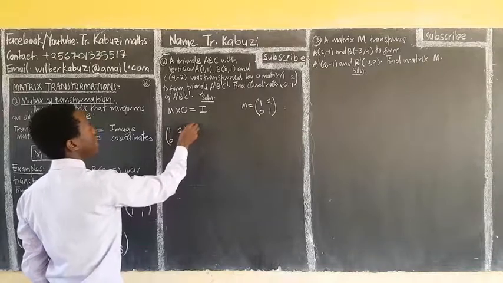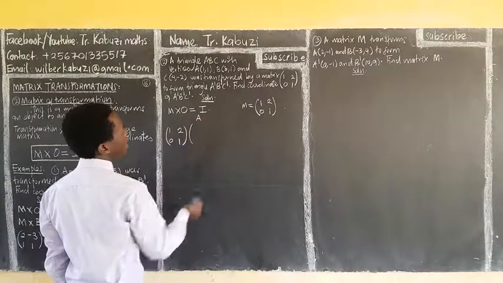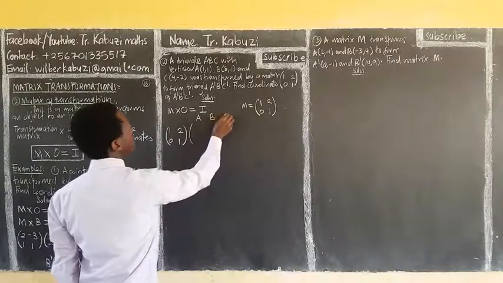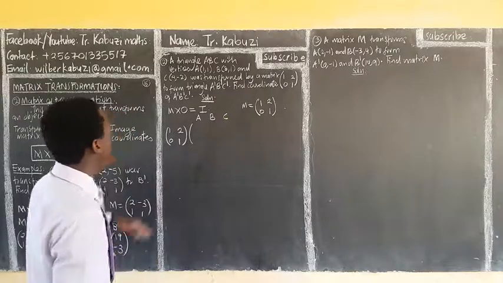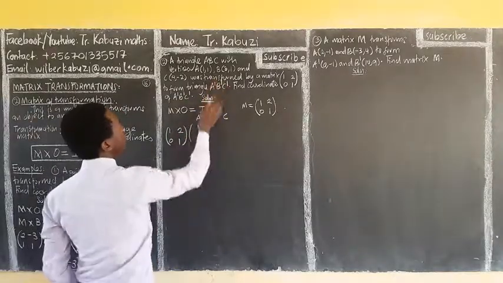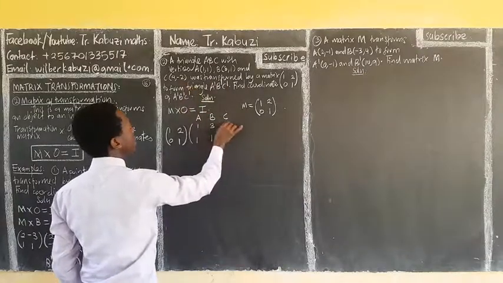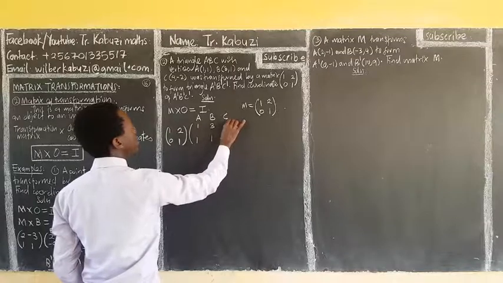Then times the object. The object now, we can transform them into a matrix like this. A in column form is (1, 1). Then my B is (3, 1). Then my C is (4, -2).